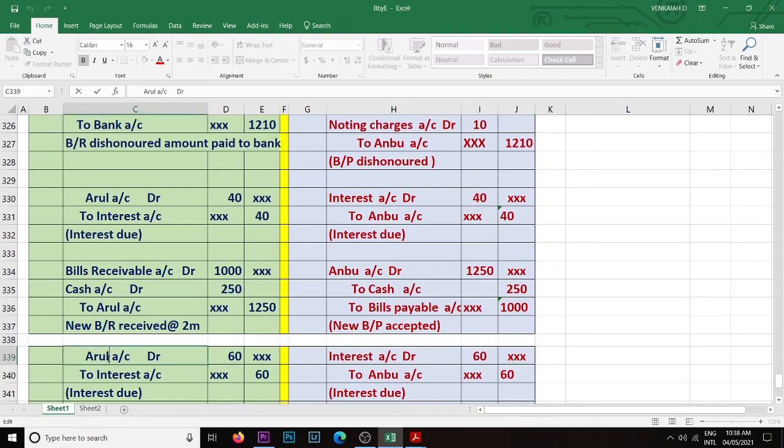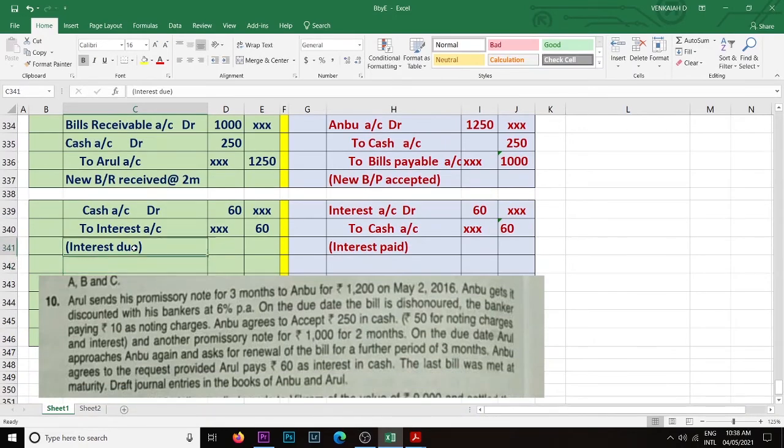Okay, instead of that we have to write cash account debit, to interest account. And Arul account debit, to no interest due. Okay, it is paid, amount is paid, 60 rupees is paid. Right, it is clear now. Arul pays rupees 60 as interest in cash.